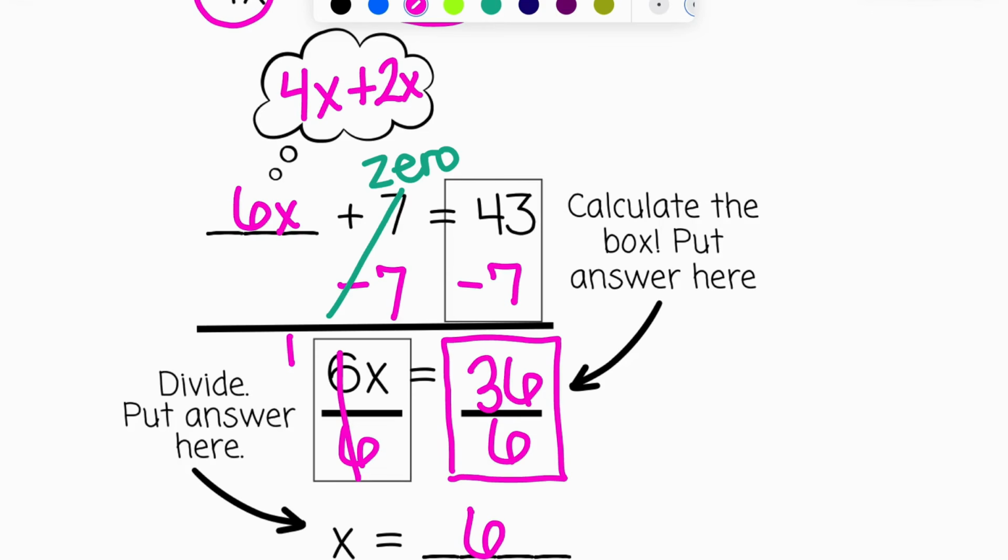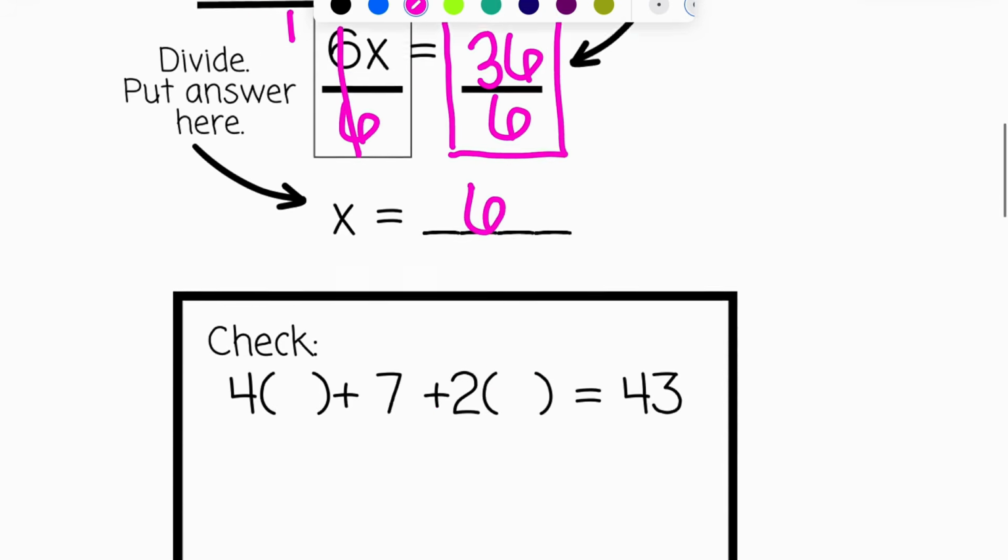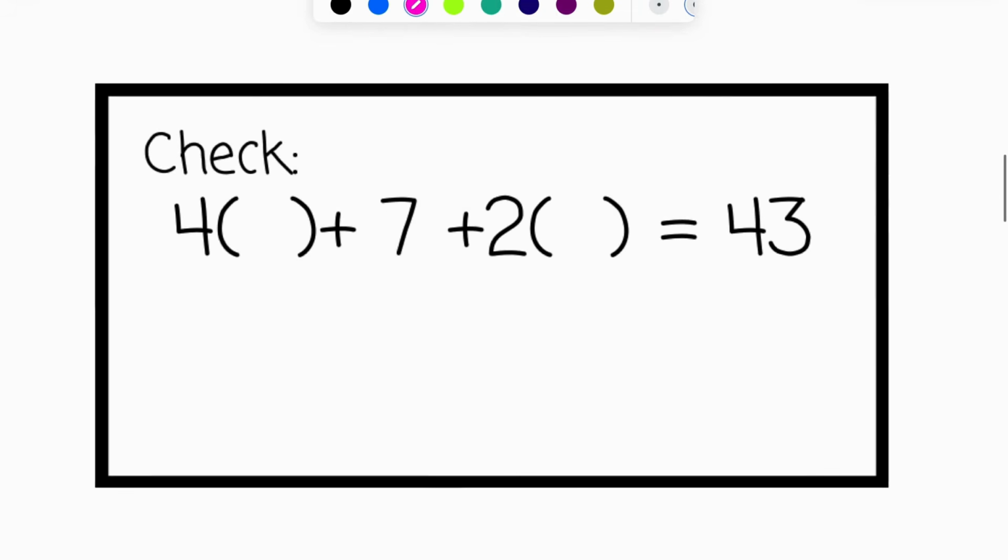Now I want to check that answer. So I take my original equation, like this, and I take out the x's and I put in parentheses. That's going to help me remember that I need to multiply. So everywhere where there was an x, I'm going to put a 6. Then I use order of operations.